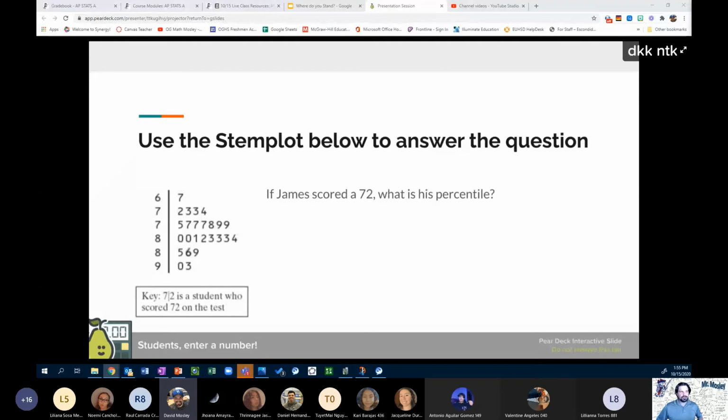We already know that there's only one score less than 72, and we have 25 observations. This means to find the percentage, we divide 1 by 25.